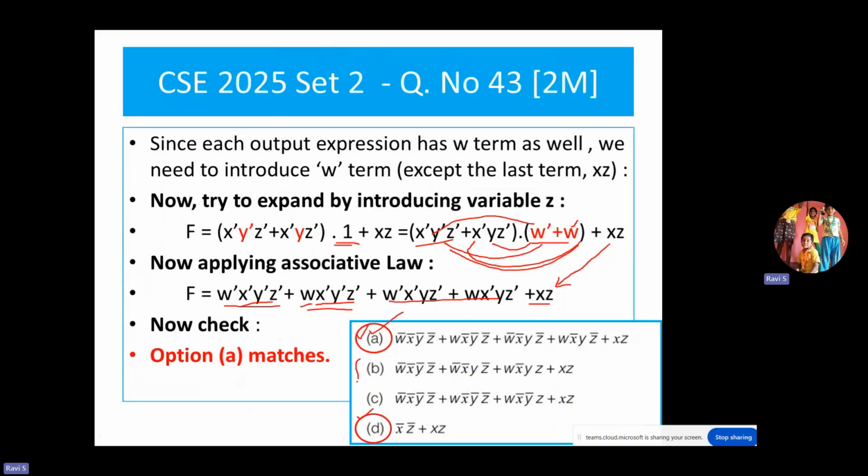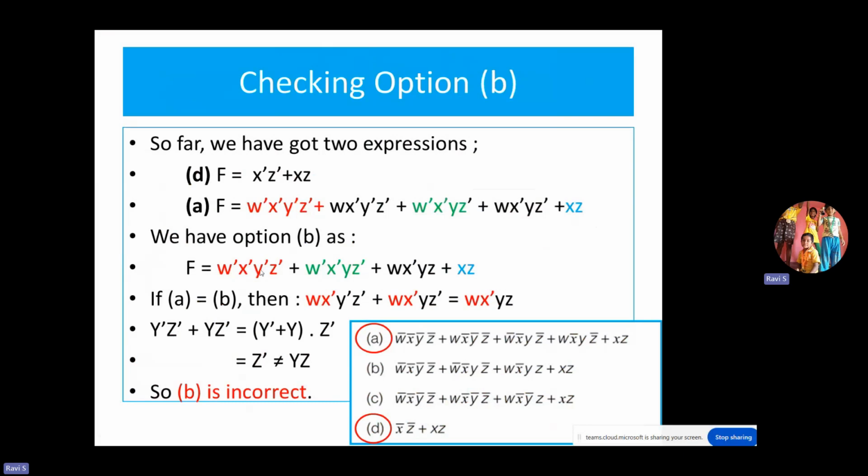Now we need to verify the remaining options as well. In order to check that, first let us consider option B, because option B also has very similar terms. I have listed them here. We just compare with option A. If we compare, the first term here matches, here the second term matches with the third one, and here the fifth term matches with the fourth one.